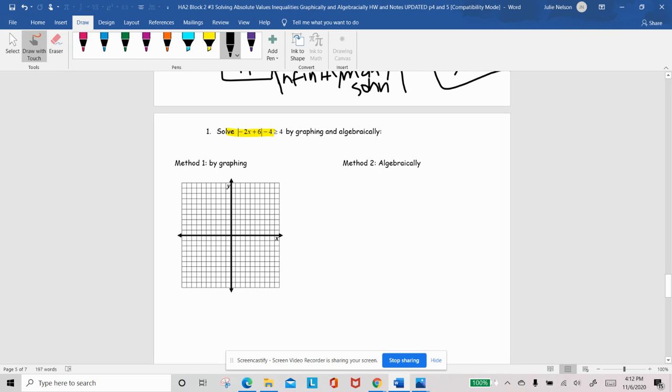So I'm going to call that absolute value function f of x equals the absolute value of negative 2x plus 6 minus 4. And I have my linear inequality. So my linear inequality is g of x is greater than or equal to 4.